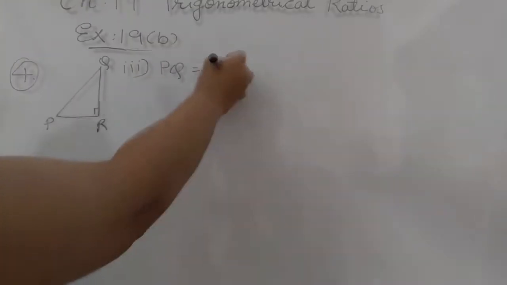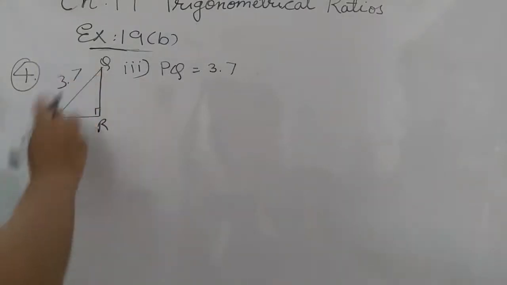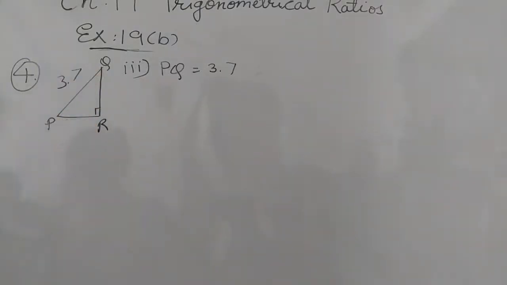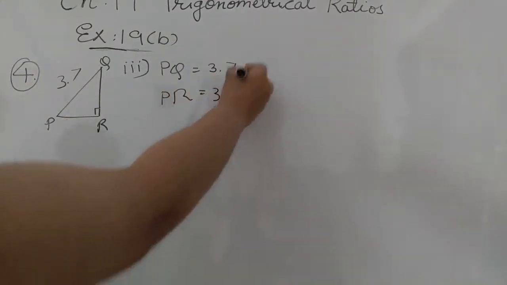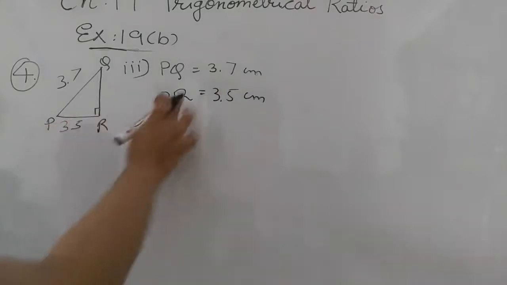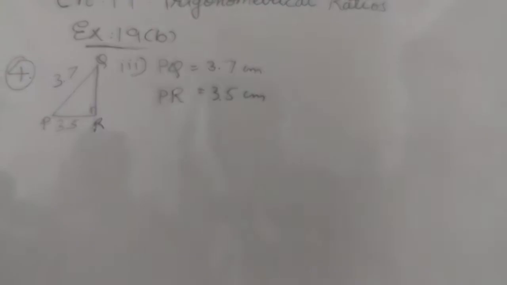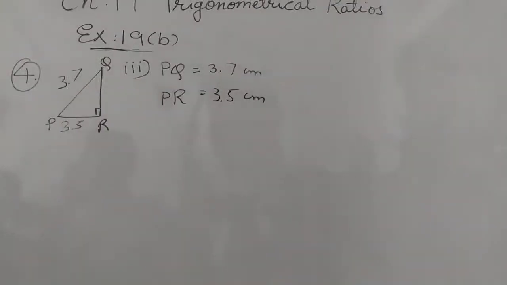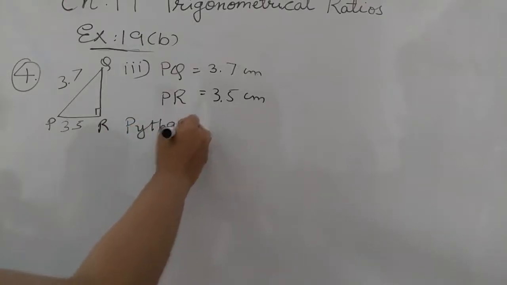PQ is equal to 3.7. So I write PQ, this is 3.7. Then PR is equal to 3.5 centimeters. Now the third side is not known to us, so we can find it by using the Pythagoras theorem.